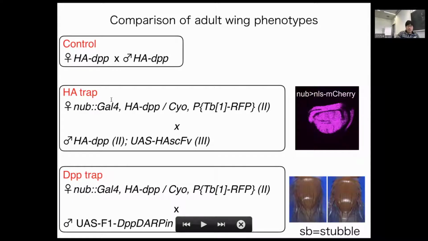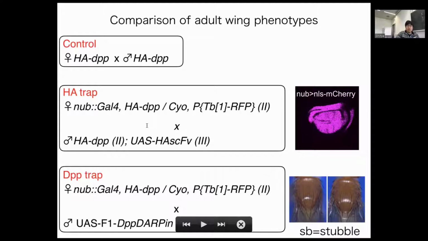So in the HA trap tube, I picked up only the interesting flies. If you remember from Martin's lecture, it has a Cyo balancer here, so you pick up non-Cyo flies.